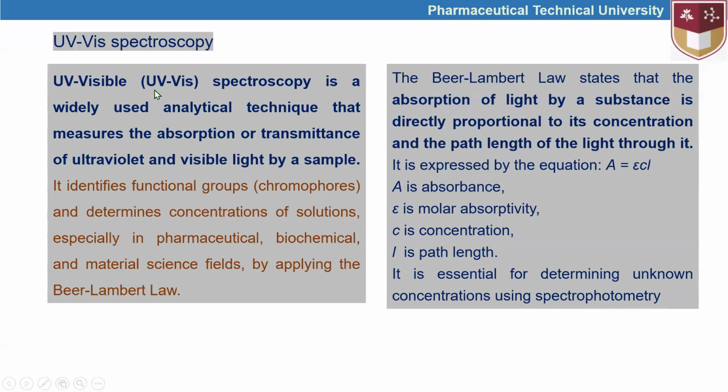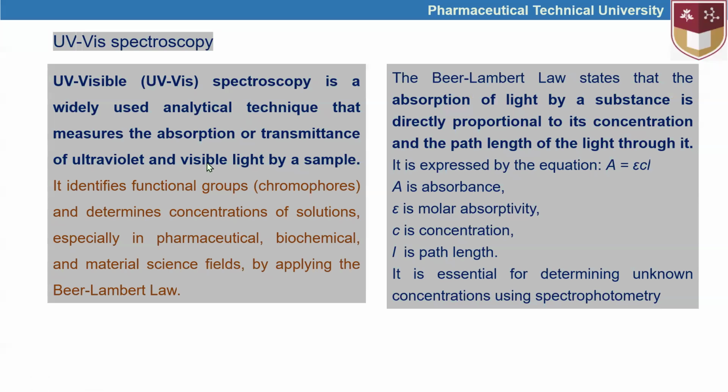UV spectroscopy stands for ultraviolet plus visible spectrum. UV-visible spectroscopy is a widely used analytical technique that measures the absorption or transmittance of ultraviolet and visible light by a sample.